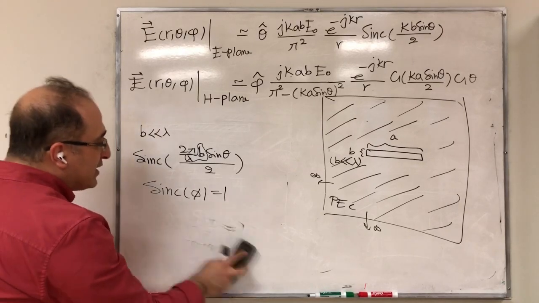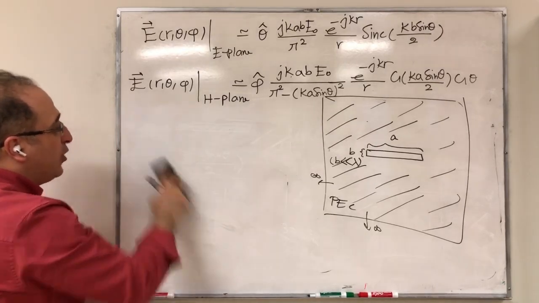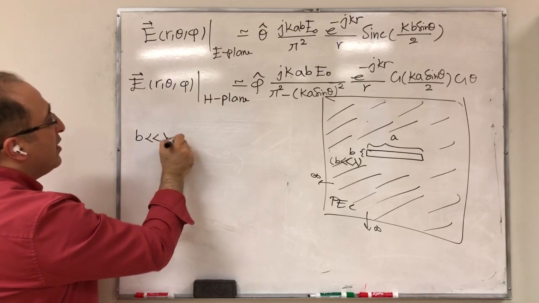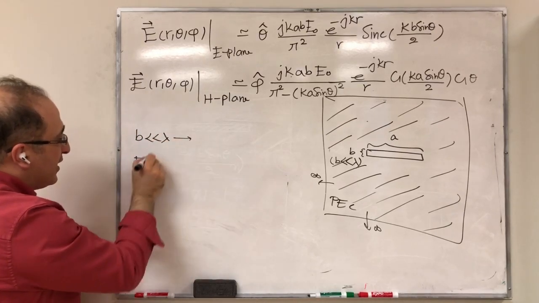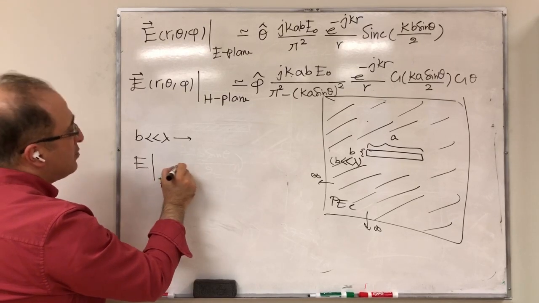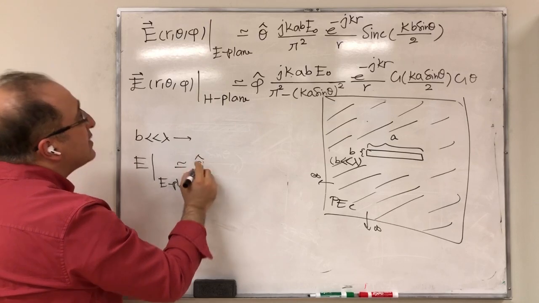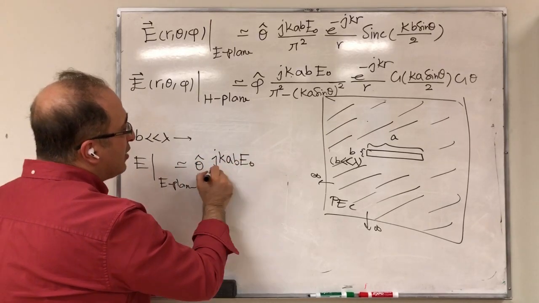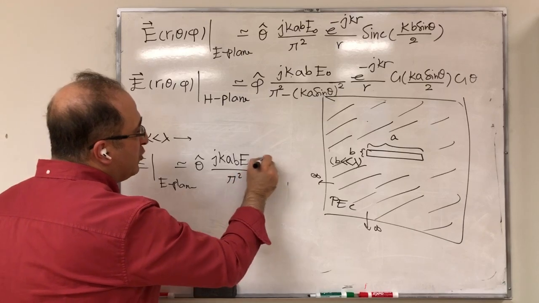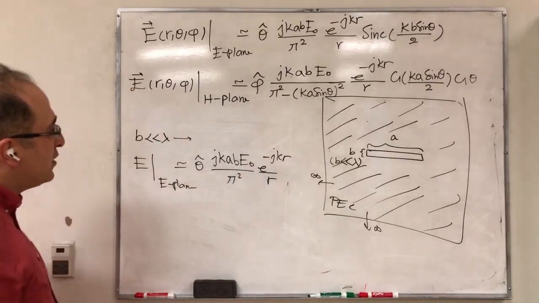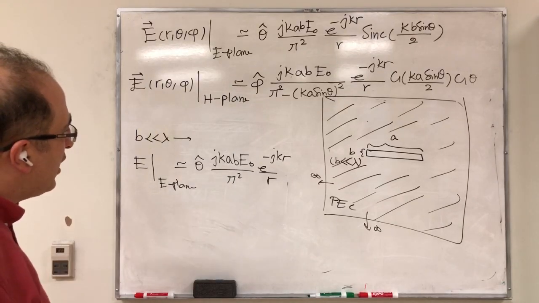So if that's the case, I know that if B is much smaller than lambda, therefore E in the E plane becomes theta hat jk AB E naught pi squared e to the power of minus jkr over r times 1. So that becomes essentially my E plane.